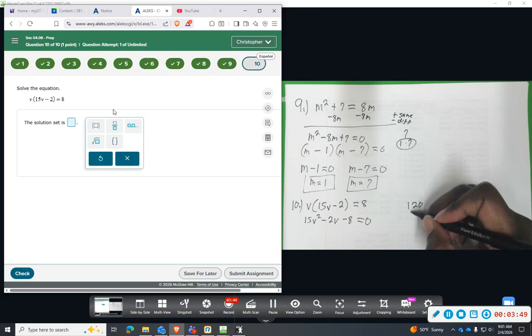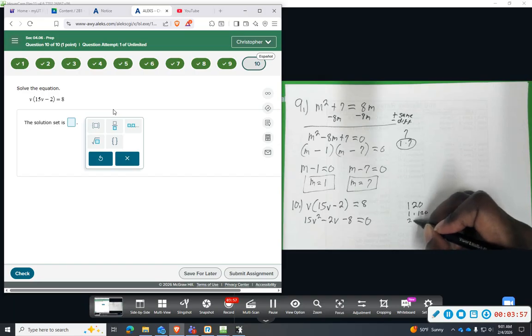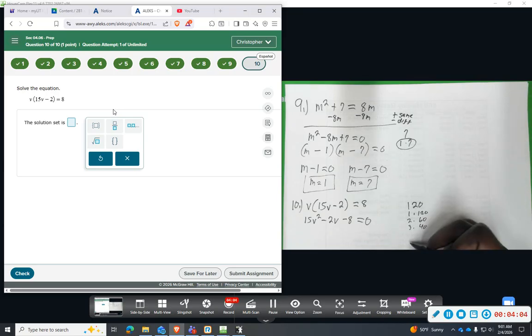If you go through 10 and 12, that will get you there, but usually I'll write a whole list. 1 and 120, 2 and 60, 3 and 40, and I'll just go down the list, but eventually we'll get to 10 times 12. 10 times 12 gives us 120. And if we subtract them, we can get a 2. Looking forward, the 12 would have to be negative and the 10 positive. That's the only way I'm going to get a negative 2.